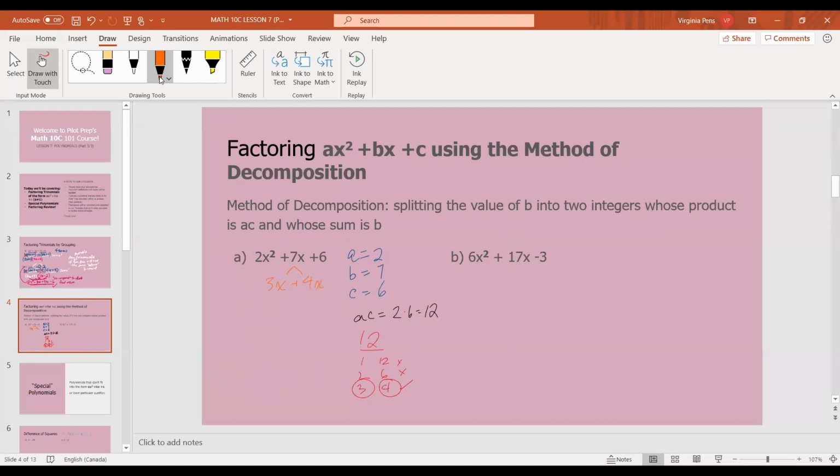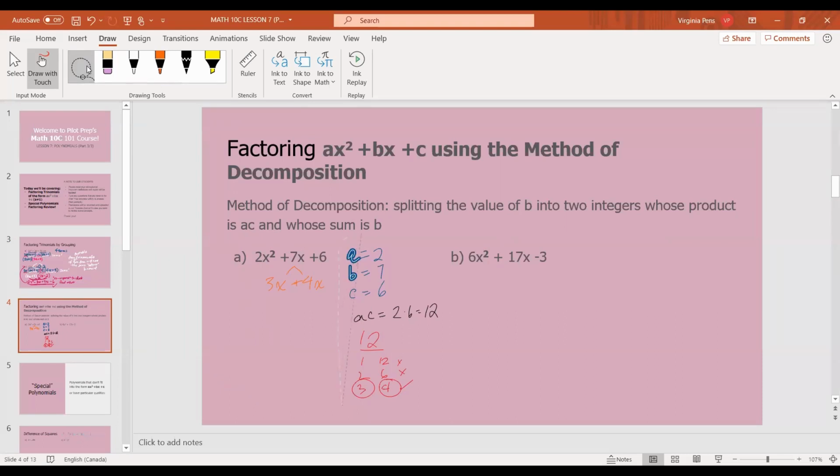Do you agree that 3x plus 4x is equal to 7x? Well, 3 plus 4 is definitely 7. And x is just there to be a substitute for an unknown integer.